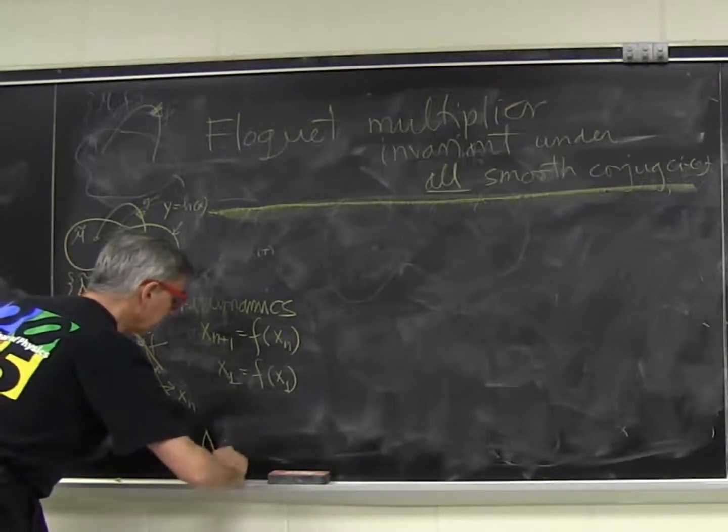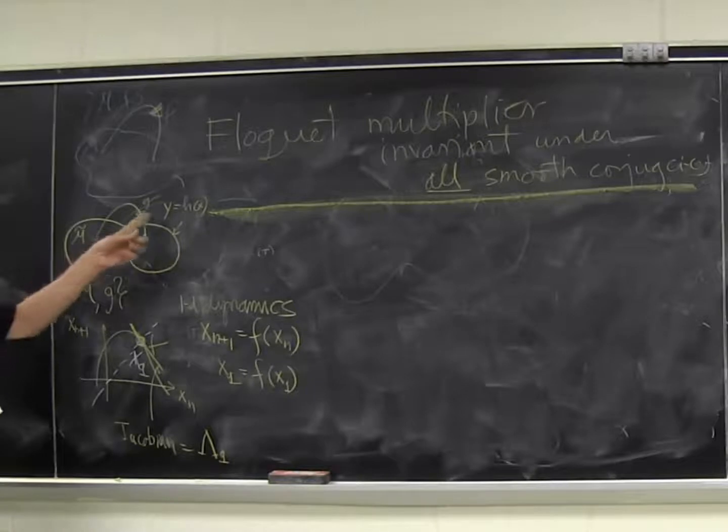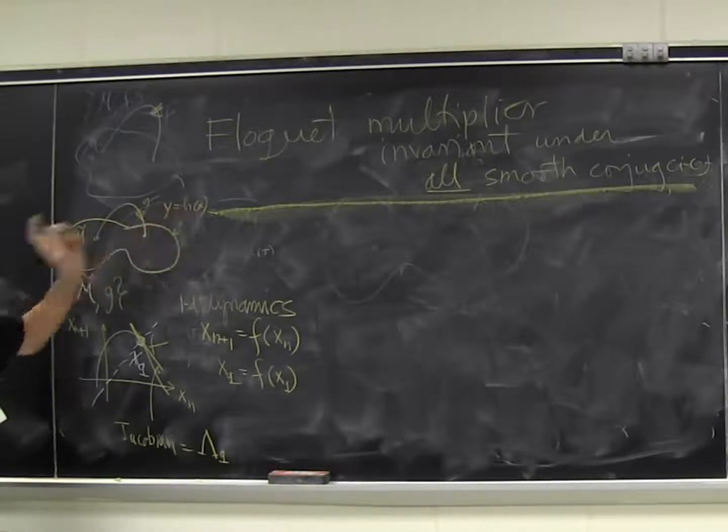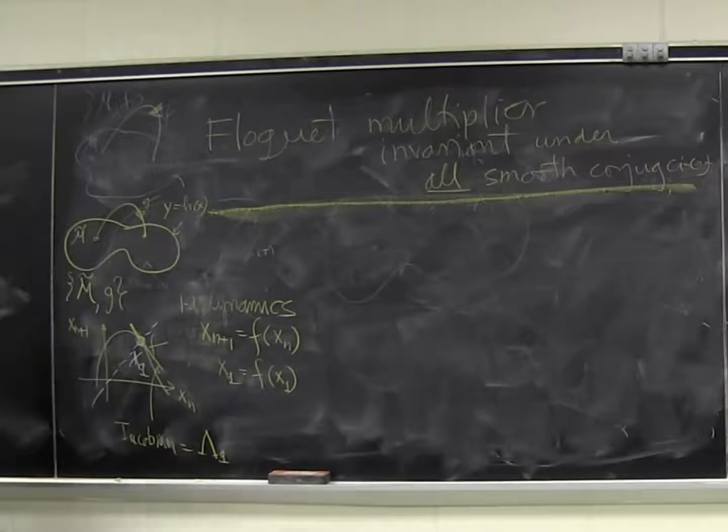Evaluate it at the fixed point Q of your map. So now in Japan, they have a different function g, which is obtained by replacing my x by h of x. So to me, it's not obvious that they will find the same stability in Japan as I find here.